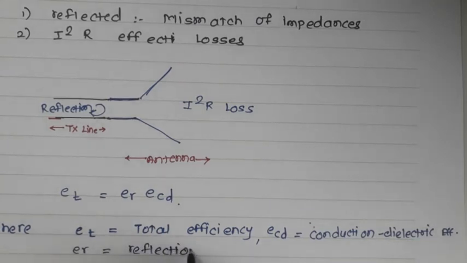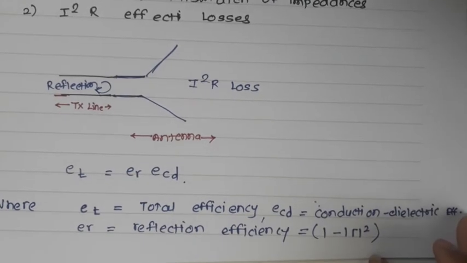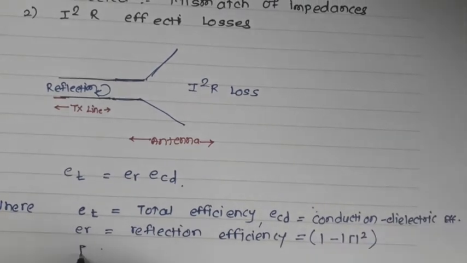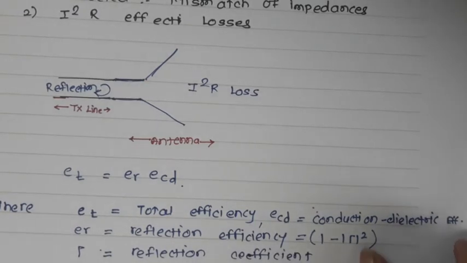So when you talk about the reflection efficiency, you know that this is equal to 1 minus mod tau square. Now we know that tau is nothing but the reflection coefficient. So already we have discussed this reflection coefficient.